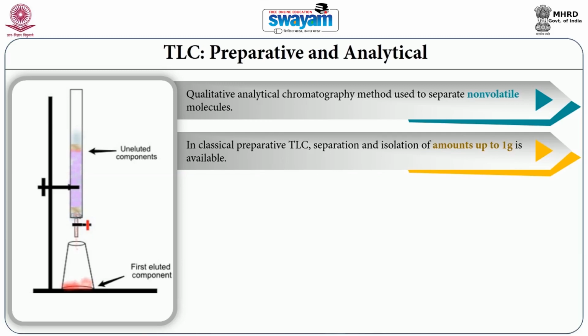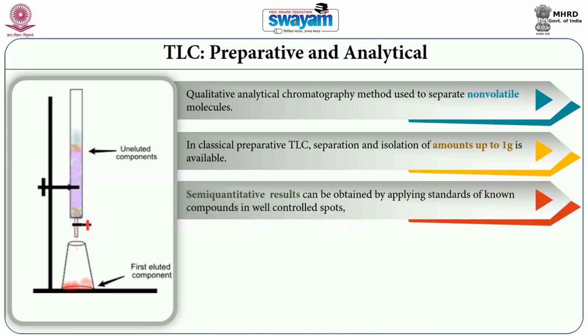in well-controlled spots. Now let's elaborate upon what standards of known amounts of known compounds in well-controlled spots mean. Standards are substances that are similar to your compound of interest, except that they are available in a pure form and in known quantities. Now, a spot is applied along with your mixture, which contains these different compounds in different quantities.